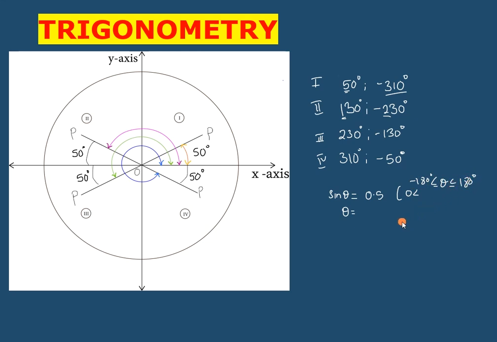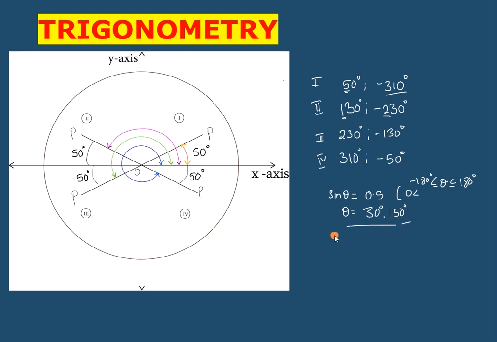So that's what they are saying. You know that theta here will be the first quadrant angle is 30. We have an angle of 30 in the first quadrant, and we have an angle of 150 in the second quadrant. That one doesn't change anything.